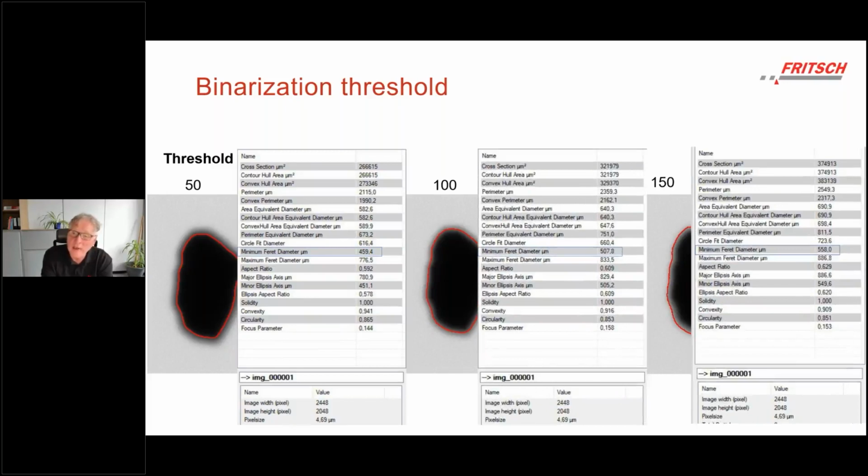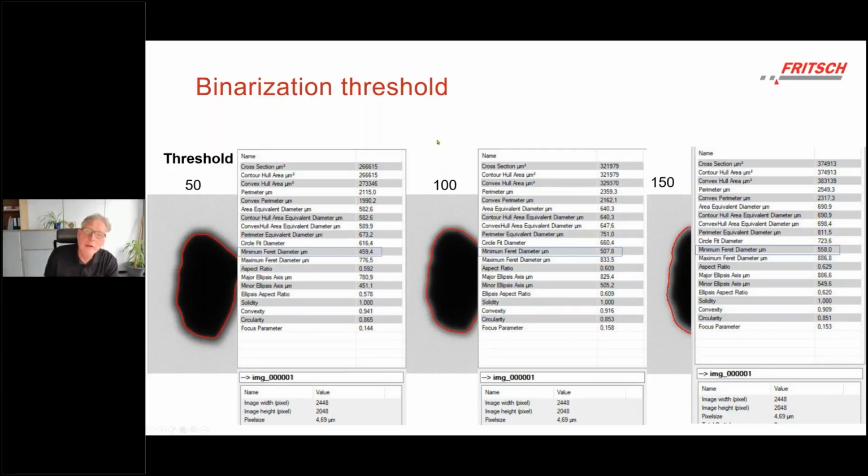If I then look at the diameters that I get, I use here as an example the minimum Feret diameter: 460 microns, 508, and this one here is approximately 560. So you see there is some change when you shift the threshold.